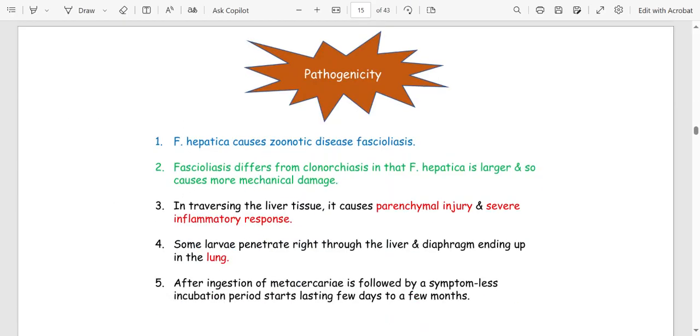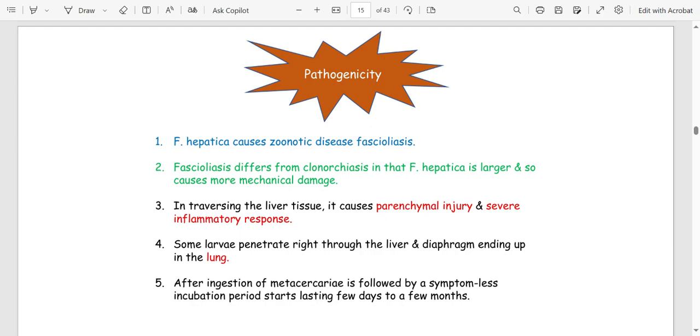So the pathogenesis: how does this cause disease in humans? Fasciola hepatica causes zoonotic disease, meaning that it is passed from animals to humans, which is fascioliasis. That's the disease caused by Fasciola.